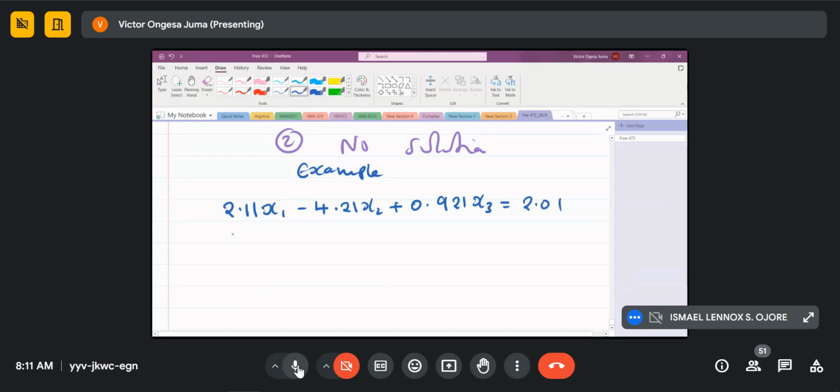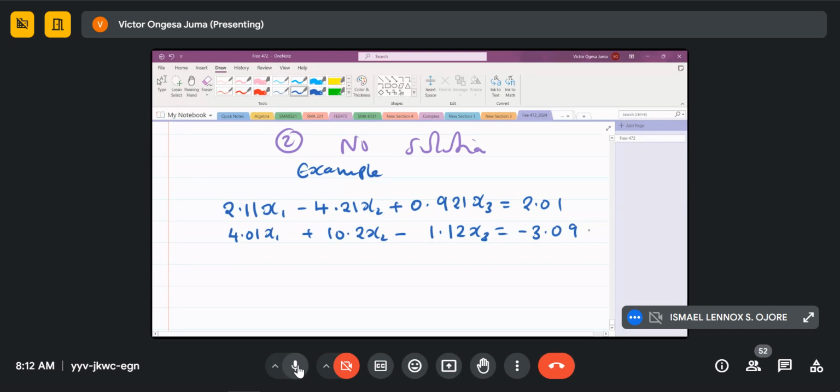The second equation, 4.01 x1 plus 10.2 x2 minus 1.12 x3 is the same as minus 3.09.